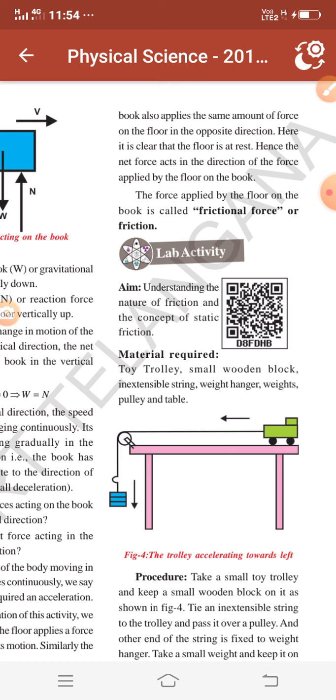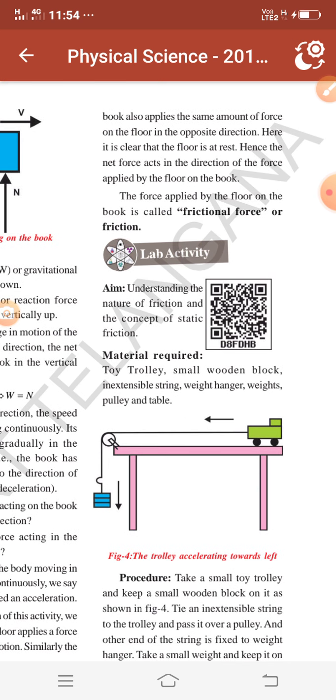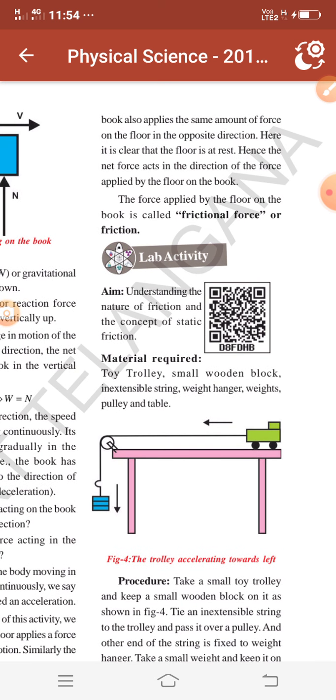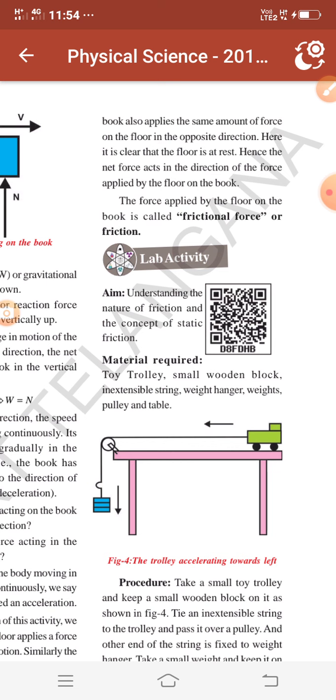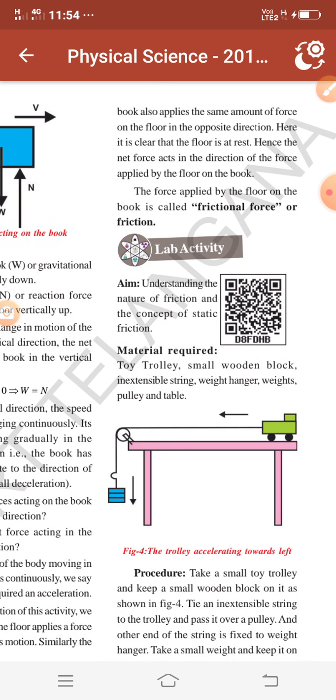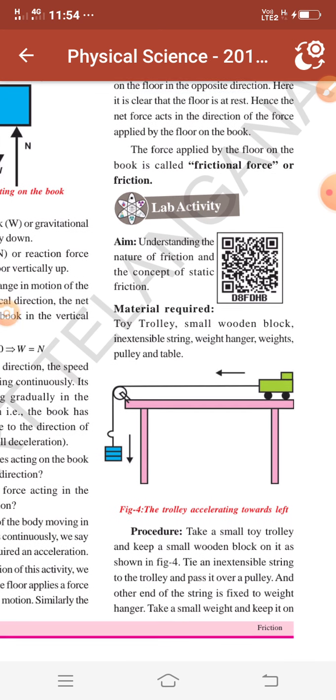Some materials are required. Materials required: one, toy trolley; second, small wooden block; third, inextensible string; fourth, weight hanger; fifth, weights; and sixth, pulley and table.